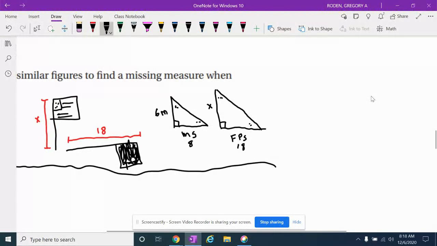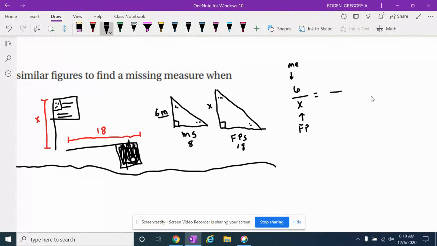Okay, so let's say I start with myself. I am standing straight up and down at a 90-degree angle to the ground, and the flagpole is standing straight up and down. So that's the corresponding side. This is me, and this is the flagpole right here. Okay?